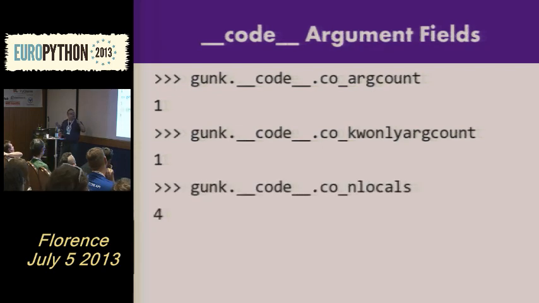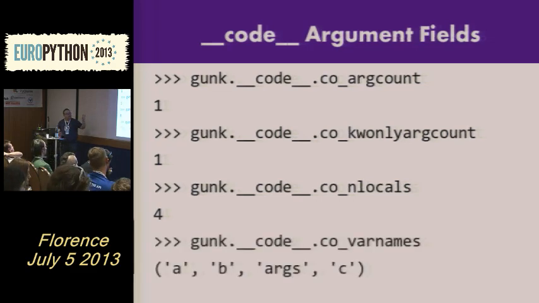The total number of local variables is 4. So I'll remind you, all the arguments and all of the locals go into this. And there's actually a matching list of their names called co_varnames, so you can see what goes into it: a, b, args, and c. So the locals contain these things in this order.